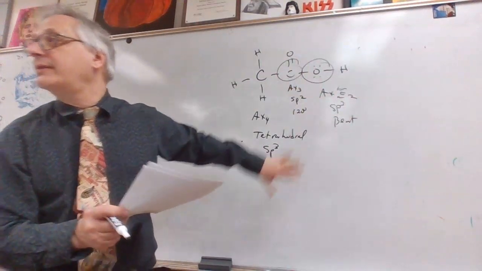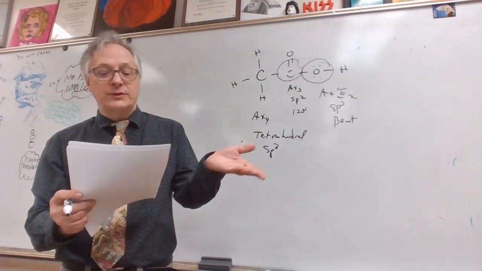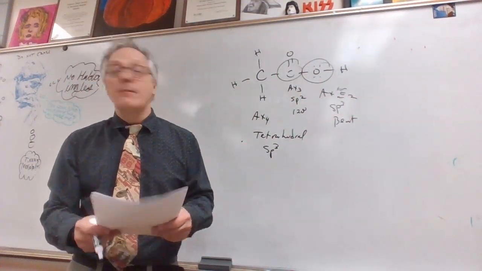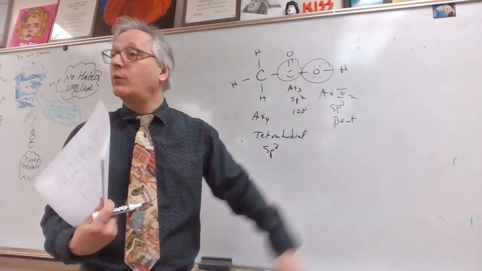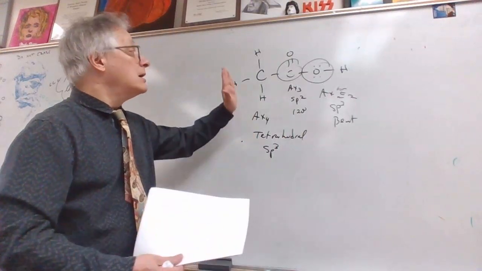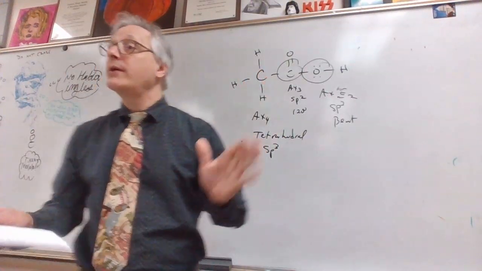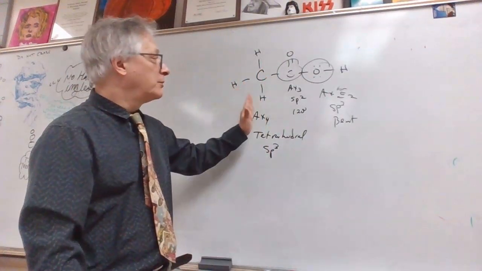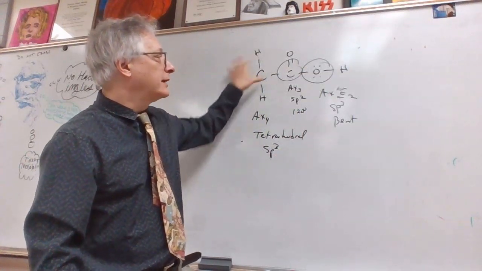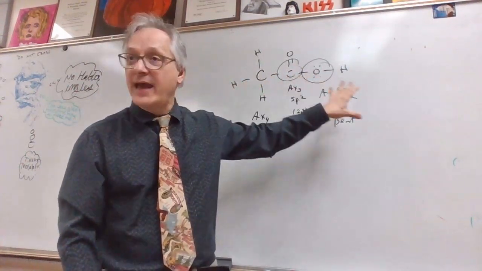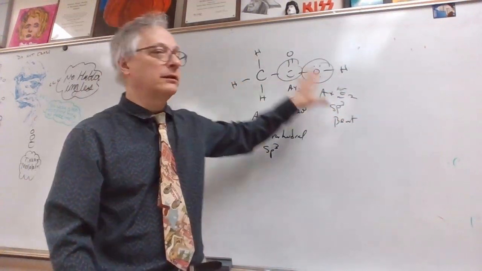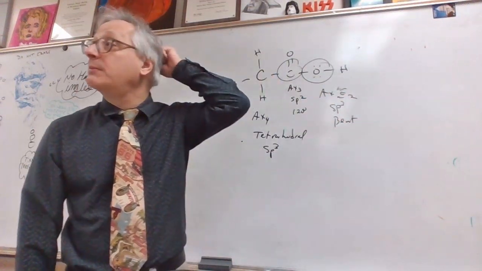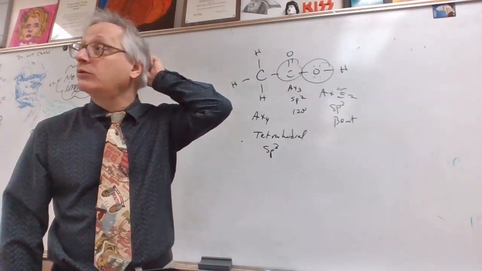I did far more than they were asking in that question. The answer is tetrahedral. But my point is, if I put something like this on and it wasn't multiple choice, I would say, and this is exactly how I would phrase it, determine the molecular geometry around each of the atoms in this molecule, determine the molecular hybridization, and the approximate bond angle. I think that's a good, fair question.